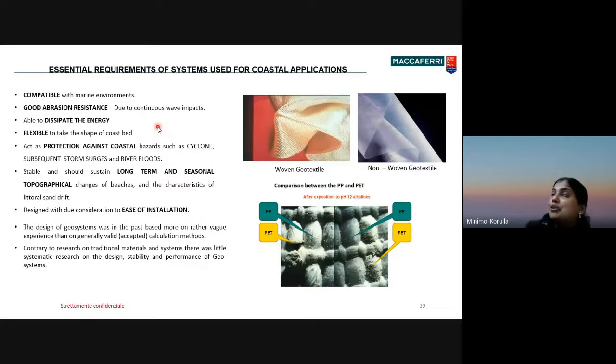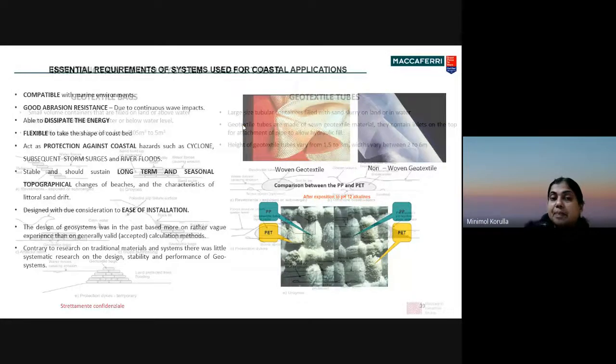But definitely a lot of engineering factors are there. We cannot use any type of polymeric products. We have to find out the correct specification, the correct GSM, the abrasion resistance, and the ultraviolet degradation possibility should not be there. So a lot of engineering properties are there, which is good news for civil engineers, because civil engineers will be required to decide all these parameters when the modern world is using these types of materials.